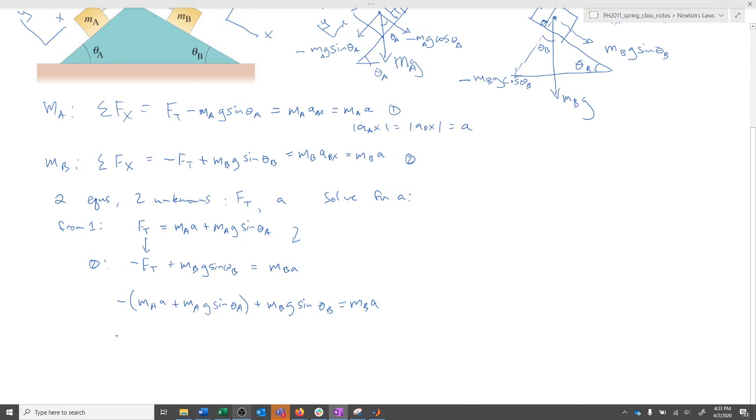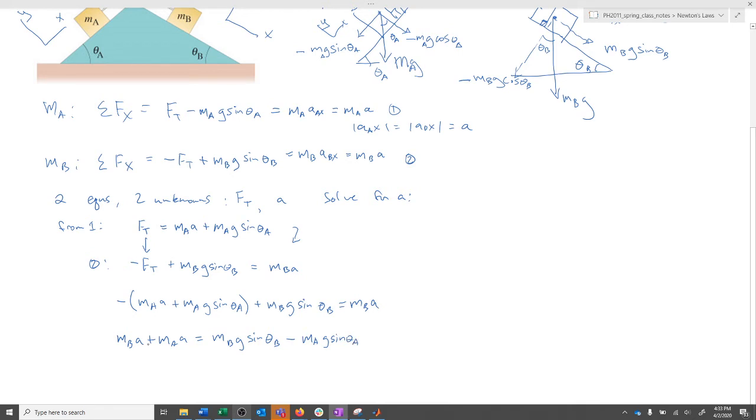So we would have m_B a plus m_A a is going to equal m_B g sine theta_B minus m_A g sine theta_A.